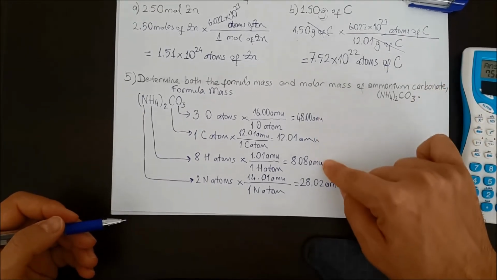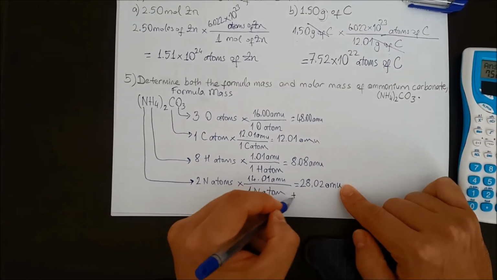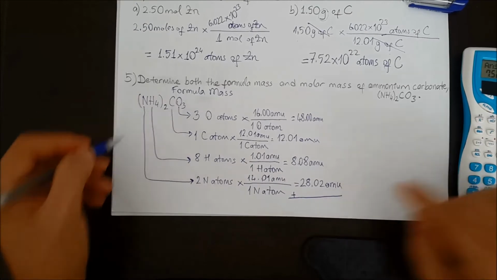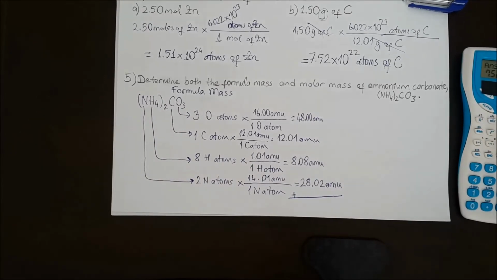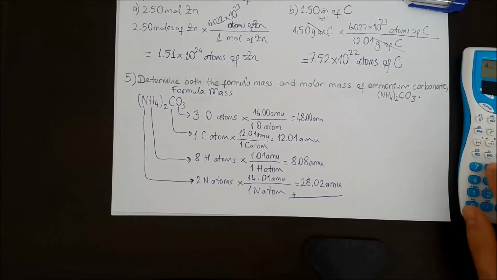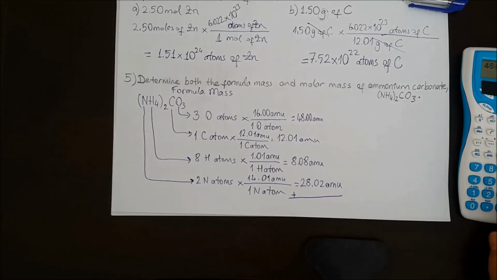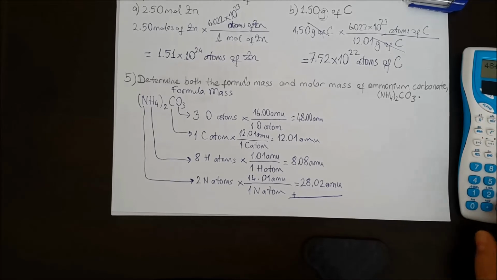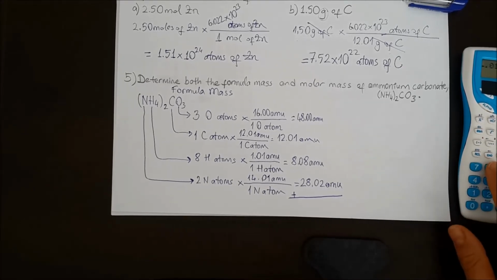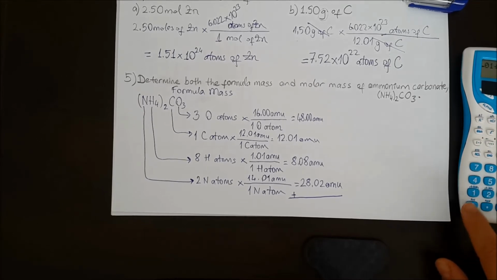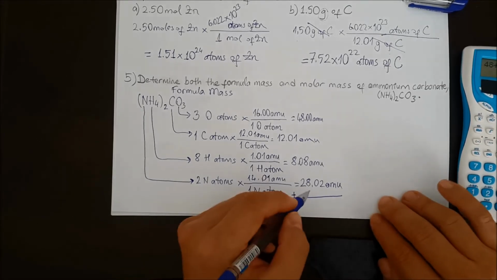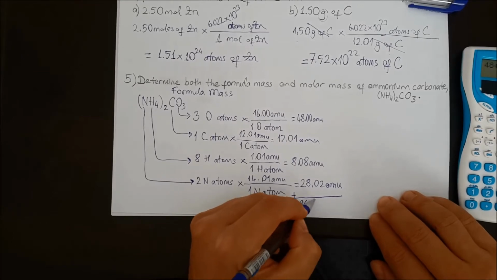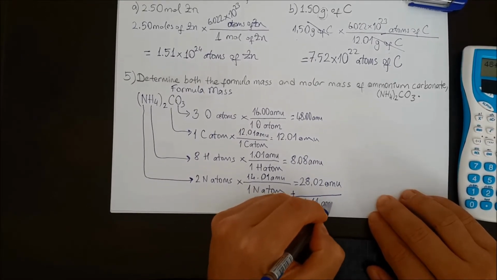Addition of these results will give us the formula mass of this molecule. Let's sum them. 48.00 plus 12.01 plus 8.08 plus 28.02 makes 96.11 AMU.